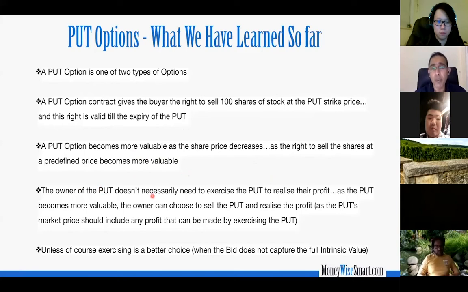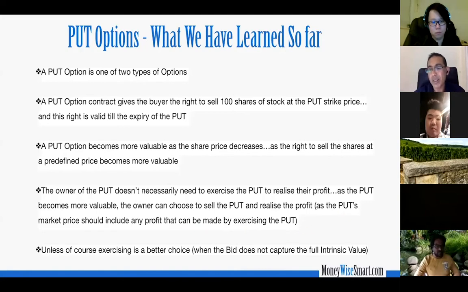The owner of the put doesn't necessarily need to exercise the put to realize the profit. As the put becomes more valuable, the owner can also choose to sell the put, because the put options are trading in the market, right? All the options, put as well as call. So the owner can choose to sell the put and realize the profit, as the put's market price should include any profit that can be made by exercising the put.